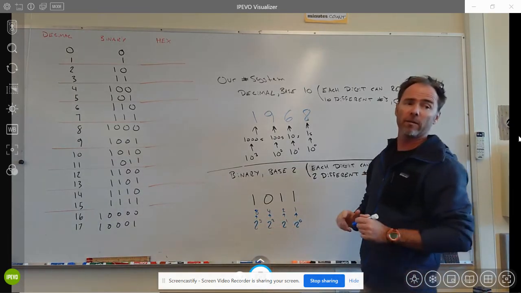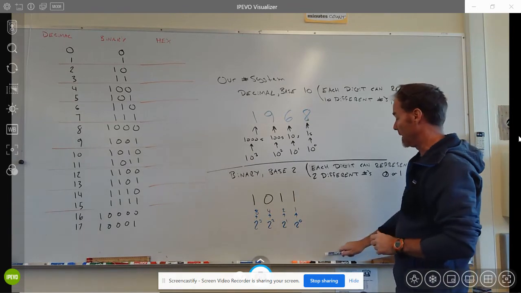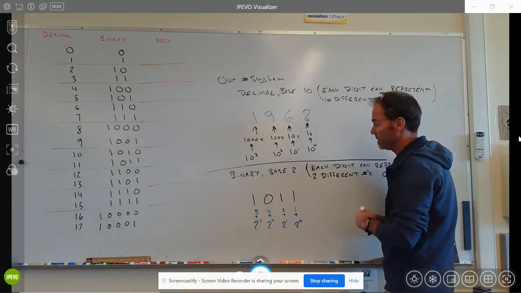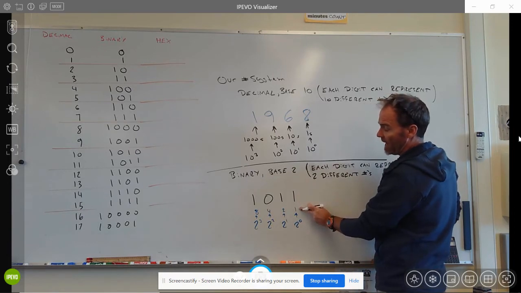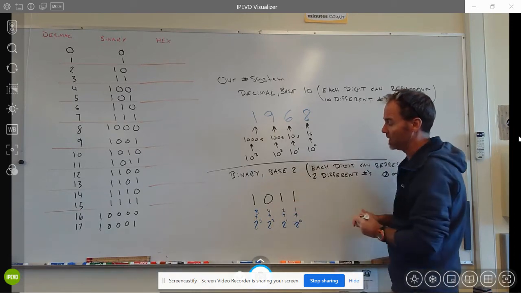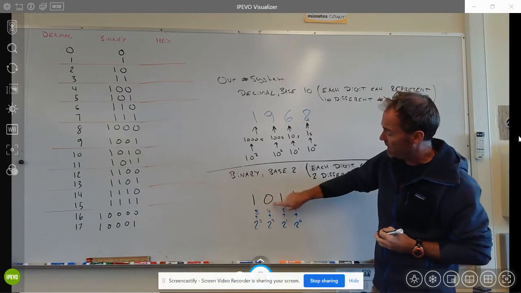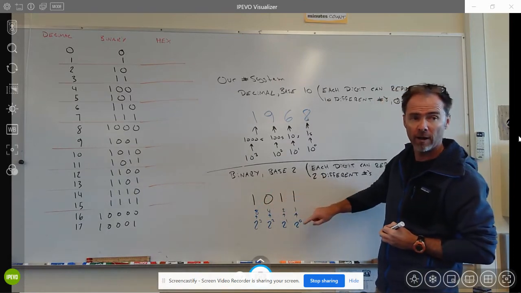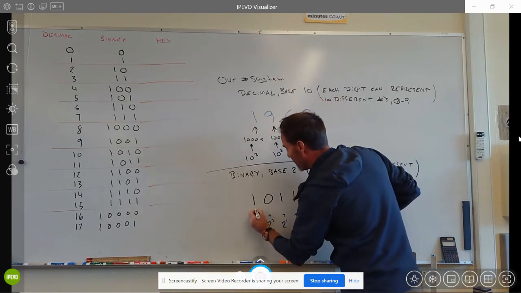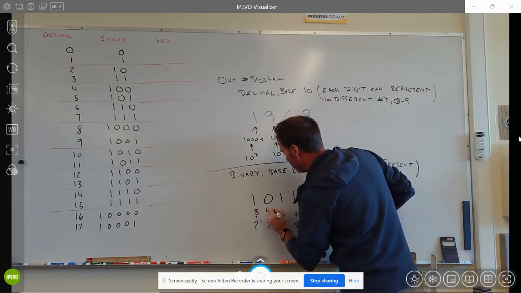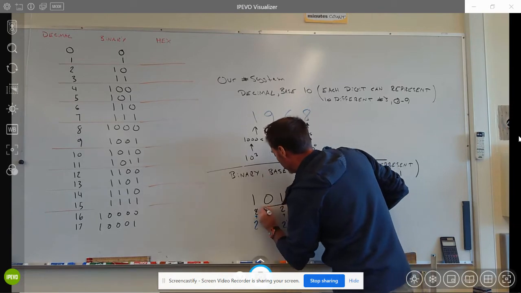So if I want to convert back, I add up what I have. Whenever I have a 1, I have that value. If I have a 0, I don't have it. I'm going to write it a little better so you can see it: 8, 4, 2, 1.